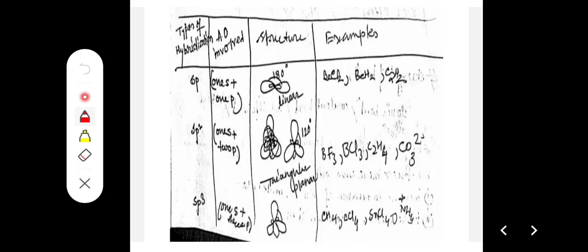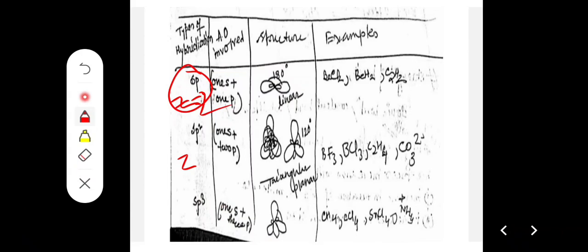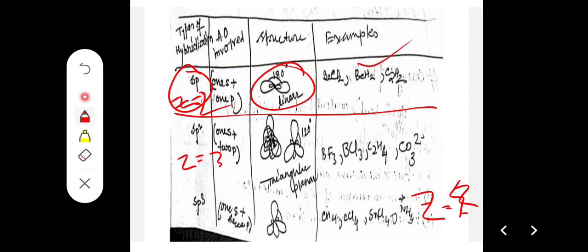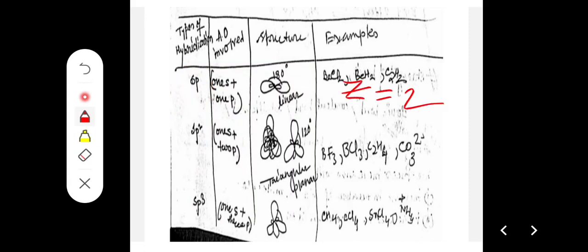Last one, types of hybridization. For sp, the Z value is 2, for sp2 Z is 3, and for sp3 Z is 4. sp is 1s, 1p, linear, with an angle of 180 degrees. Examples are BeCl2, BeH2 and C2H2. sp2 is 1s 2p, with an angle of 120 degrees, triangular planar.